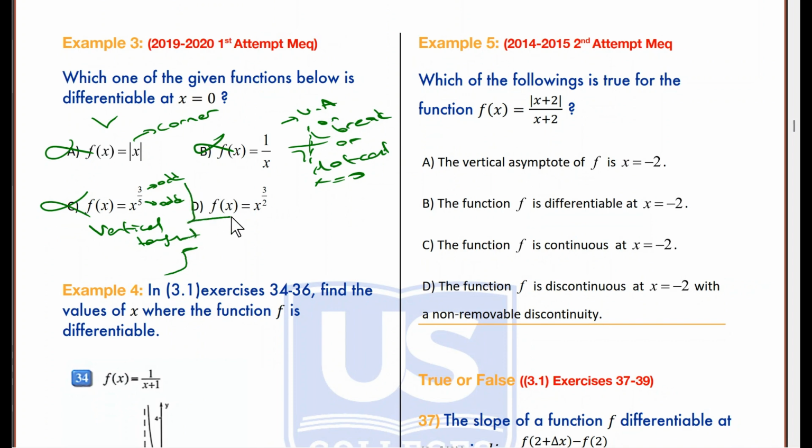But this one, we haven't studied such a thing. It's not one of those situations where a function is not differentiable. So having a corner, a break, a hole, a jump, a vertical tangent, or a cusp means it's not differentiable. Otherwise, it's differentiable.